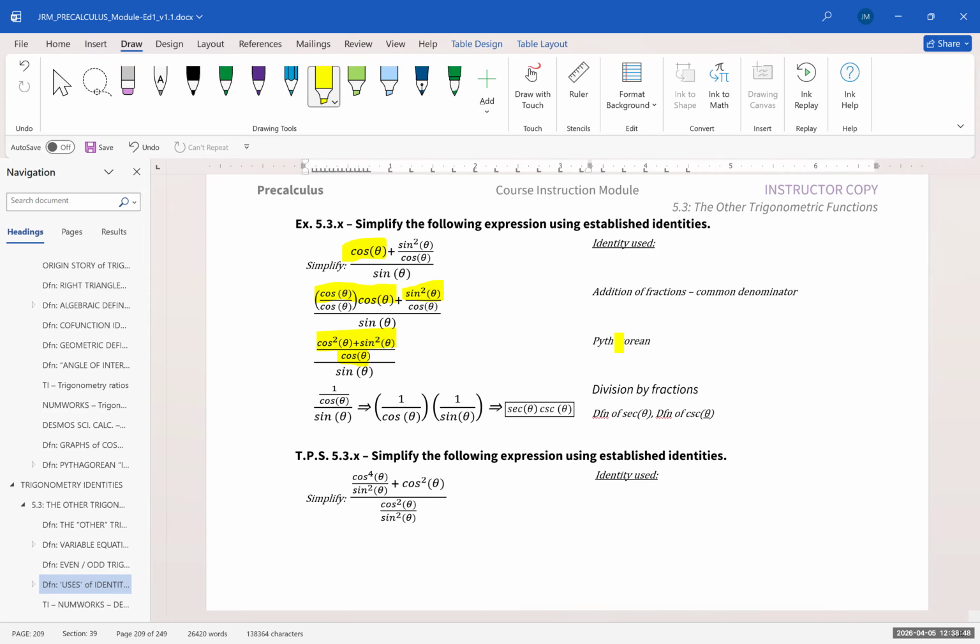Well, using the Pythagorean identity, which is cosine squared theta plus sine squared theta equaling 1, we can see that this numerator should be equal to 1. So we get 1 over cosine theta divided by sine theta.